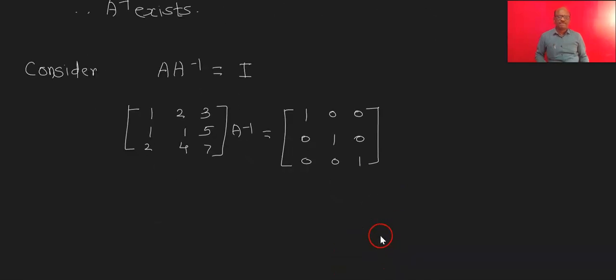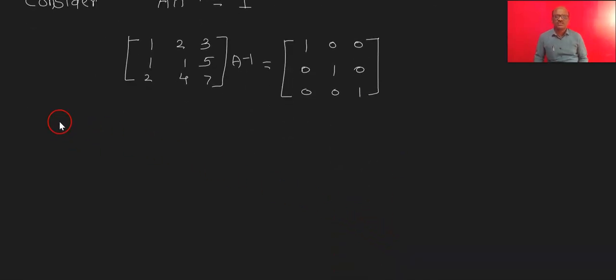Okay. Now by the row transformation, R2 minus R1 and R3 minus 2 times R1.